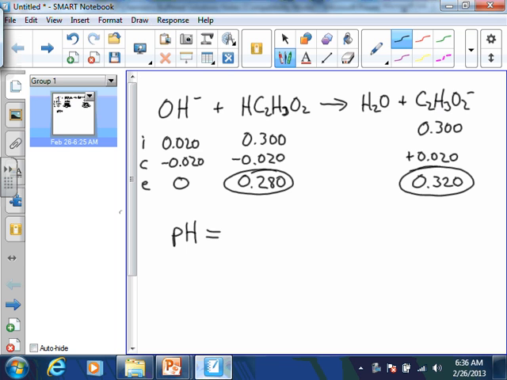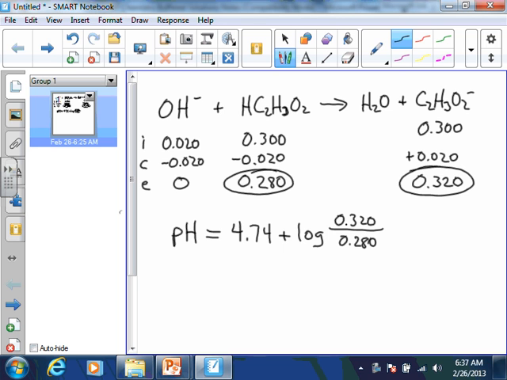So 4.74 plus the log of the base over the acid concentration. Now, we're talking concentration here, but the nice thing about this problem is we're in 1 liter of solution, so they're the same. So 0.320 divided by the concentration of the acid, which is 0.280.